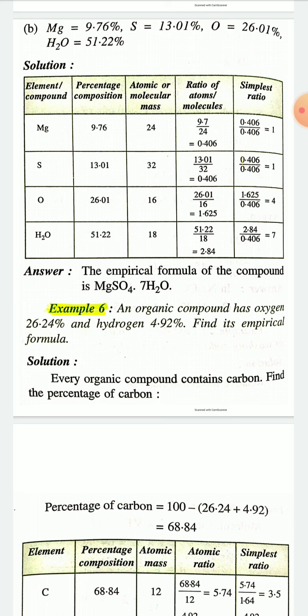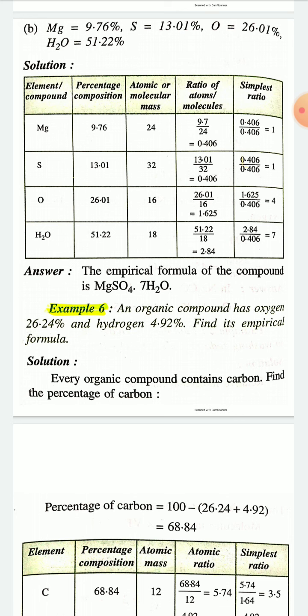And now you have to find out the simplest ratio of oxygen atoms present in the compound. Okay. So simplest ratio of oxygen is 1.625 divided by 0.406, that is 4.